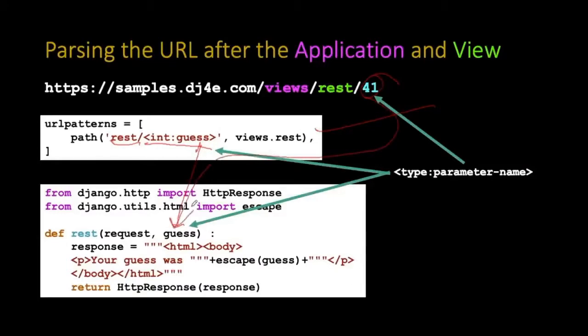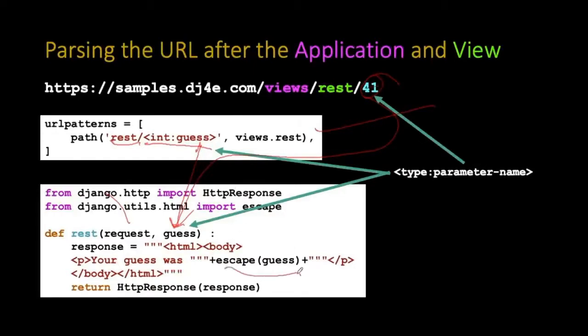So we don't have to tear the URL apart. Actually, in this request object, we do get the URL. We could do a bunch of splits and fool around, but nah, doesn't matter. Let's let Django do all that work. Let's just tell it we want that parameter after the word rest. It's supposed to be an integer, and pass it to me in the variable guess. And then that same 41 comes in.